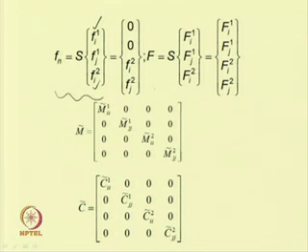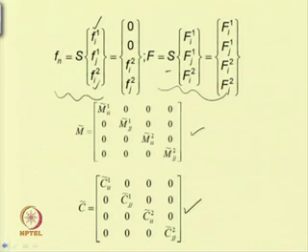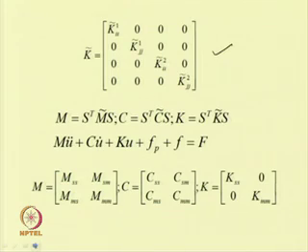Similarly, we can write F in this form using this S matrix, and the transformed mass matrix, damping matrix and K matrix can also be written. Here you may note that this becomes a diagonal matrix. Here M equals S transpose M S, C equals S transpose C S and K equals S transpose K S.